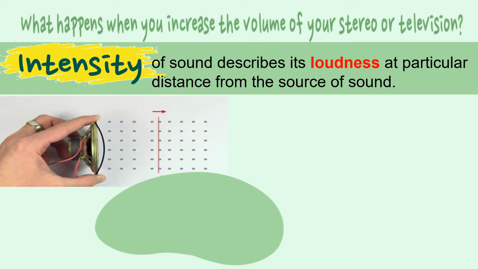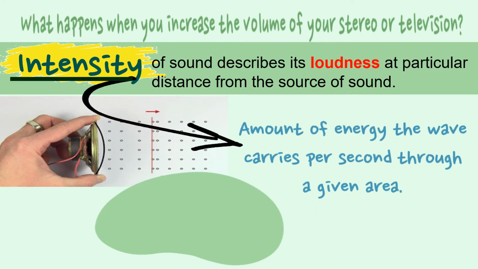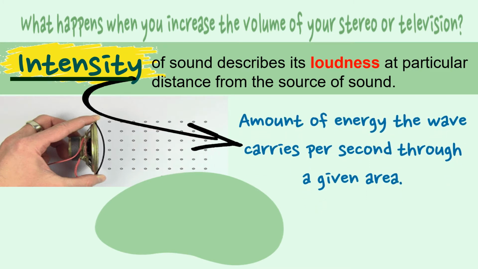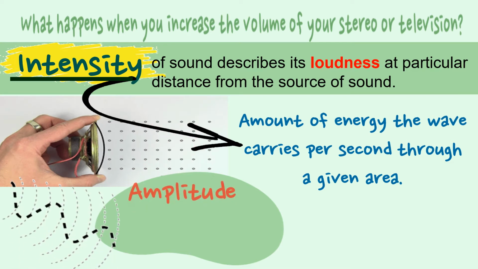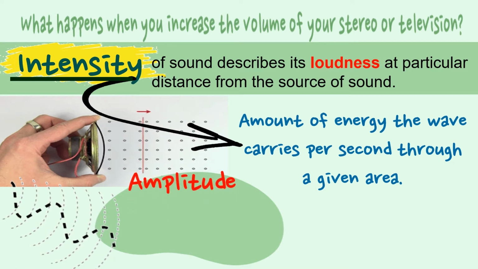So intensity is the reason why we can hear the loudness and softness of a particular sound depending on the distance. It is also the amount of energy the wave carries per second through a given area. So sound intensity depends on both the wave's amplitude and the distance from the sound source.